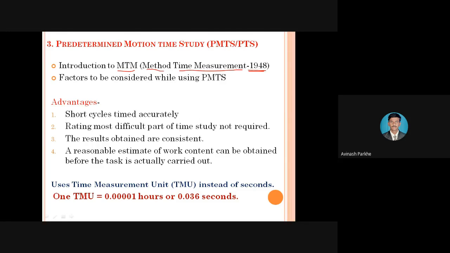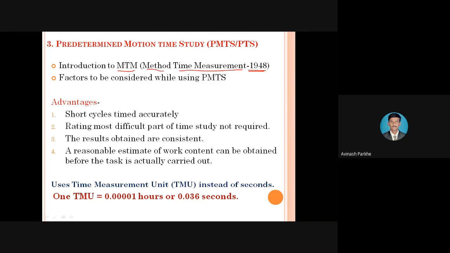And afterwards, MTM1, MTM2, MTM3, MTM4, like that modifications are taking place. The first MTM concept was developed in 1948, and afterwards, as per the requirement of the industry, modifications took place. Once modifications take place, it is represented as MTM1. Again, if some modifications take place, it becomes MTM2.